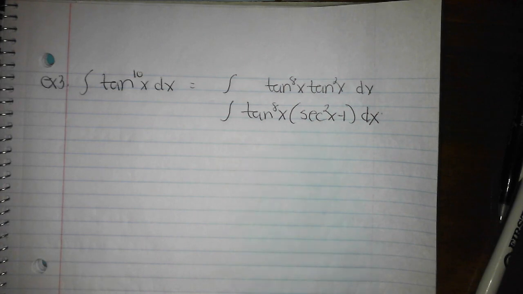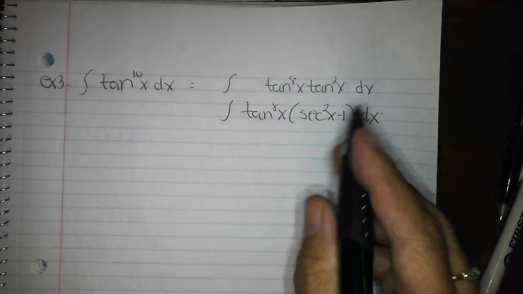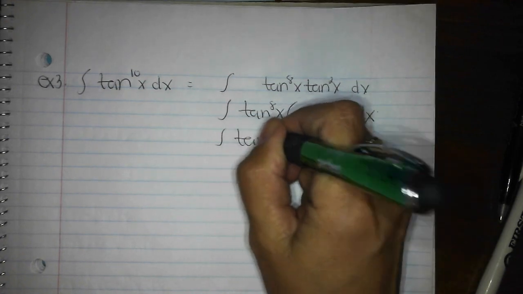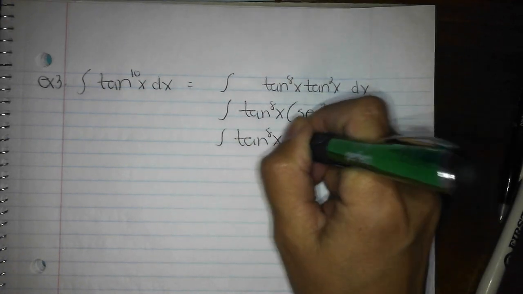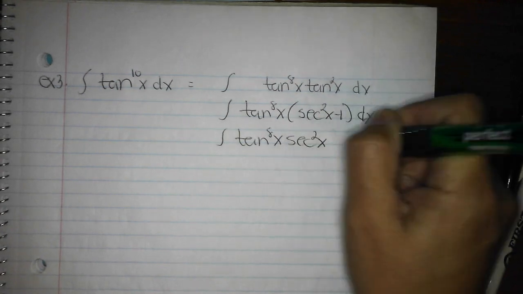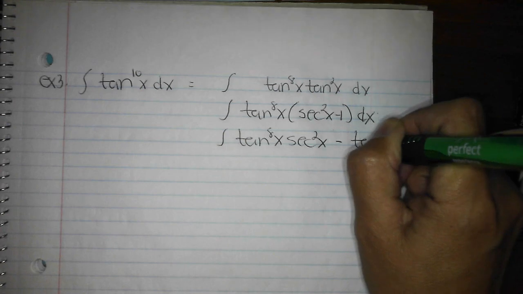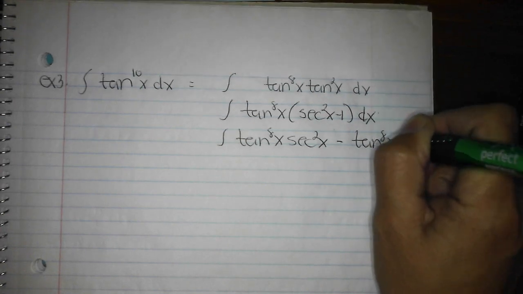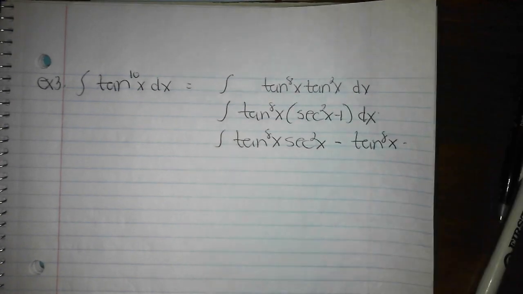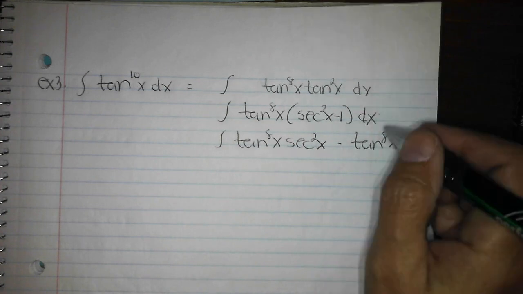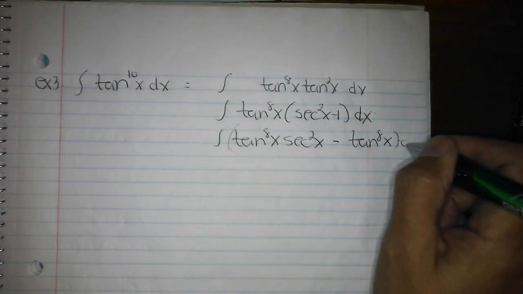Then it's distribute. So I'll have tan to the 8th x secant squared x minus tan to the 8th x. Okay. Now what I'm going to do is see it as 2 separate integrals. So right now it's all of this dx.